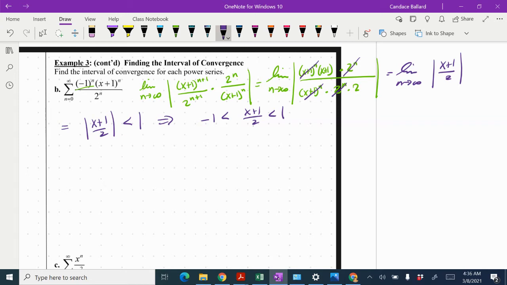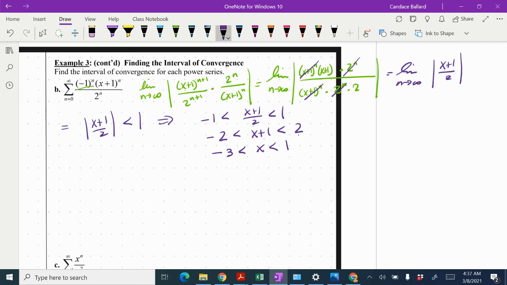We're going to multiply both sides by 2, so I get negative 2 less than x plus 1 less than 2. Then I'm going to subtract 1 from each side, so that makes this negative 3 less than x less than 1. So there's my interval that I'm going to start with.